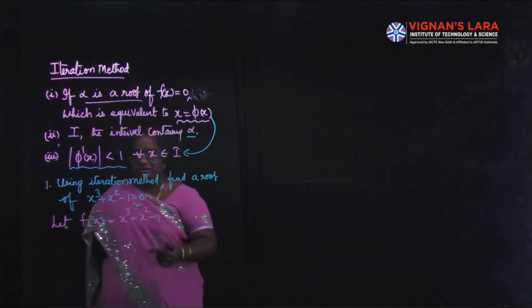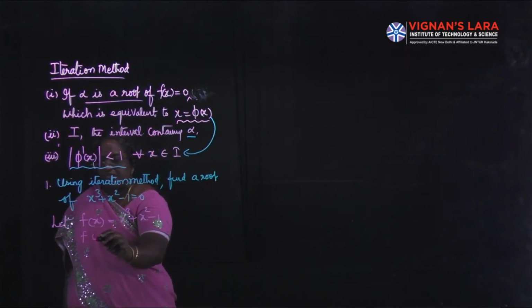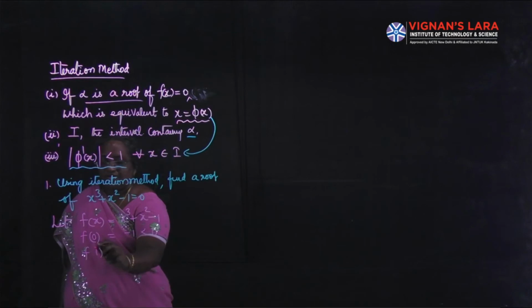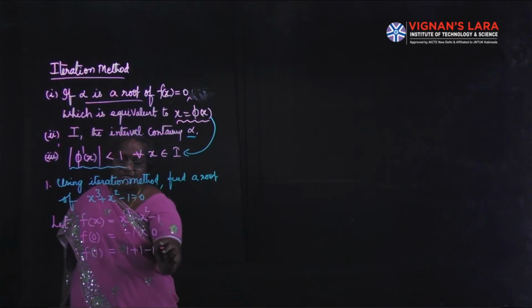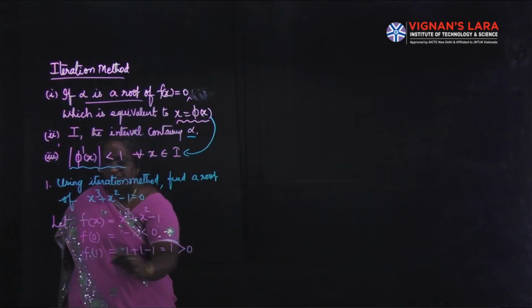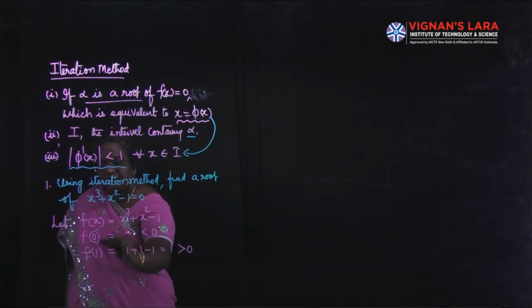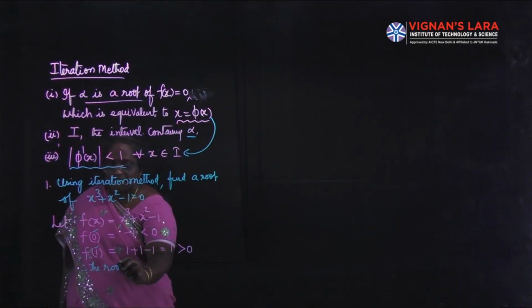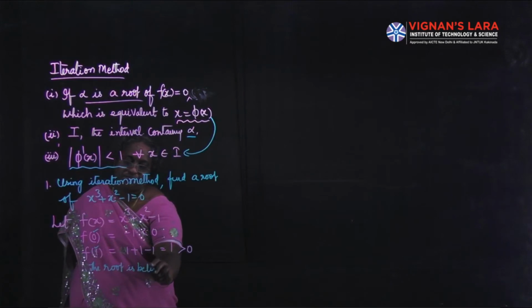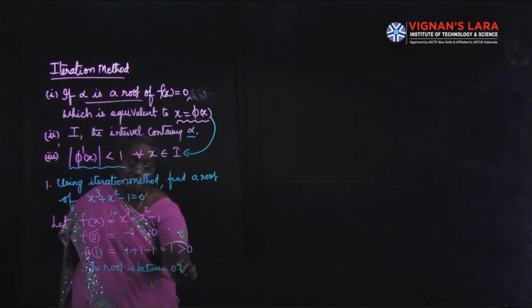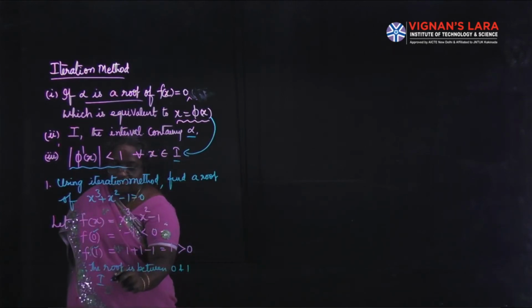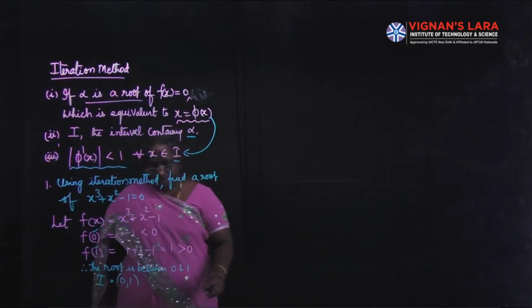So now see what is f of 0. f of 0 is minus 1, less than 0. f of 1 is 1 plus 1 minus 1, so it is 1, greater than 0. So the root is between 0 and 1. Therefore, the root is between 0 and 1. This is the interval I which I am mentioning here. Therefore, I is equal to 0, 1. The interval is 0, 1.